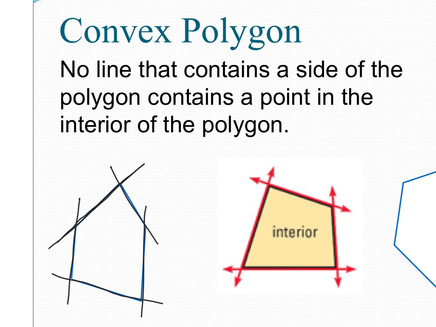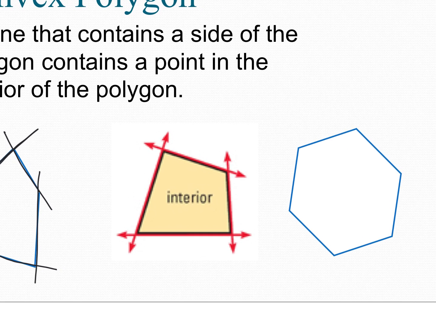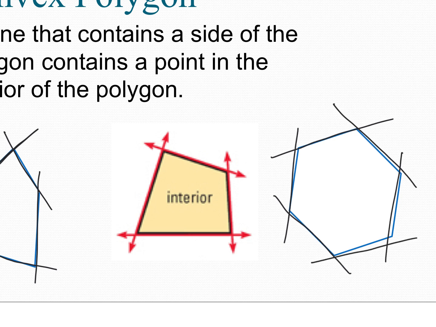They don't go inside. All of the lines are continuing on the outside of my polygon. Same thing with this image. If I were to continue drawing those lines, they are not caving in. They're staying on the exterior.